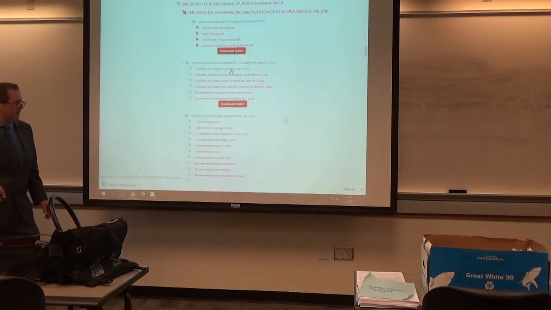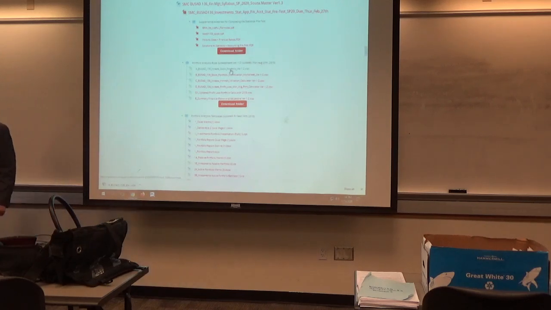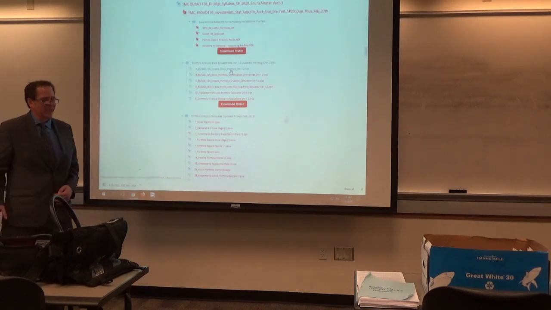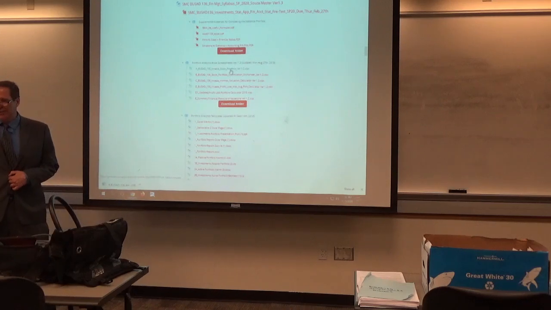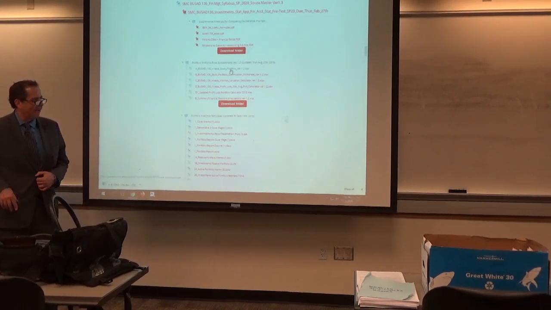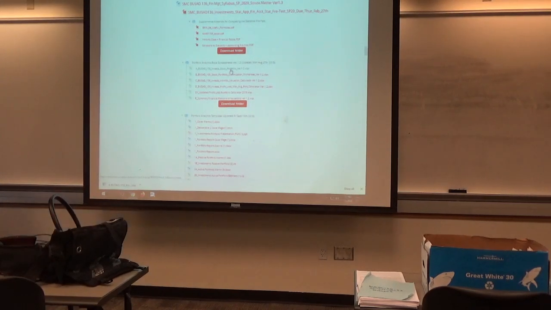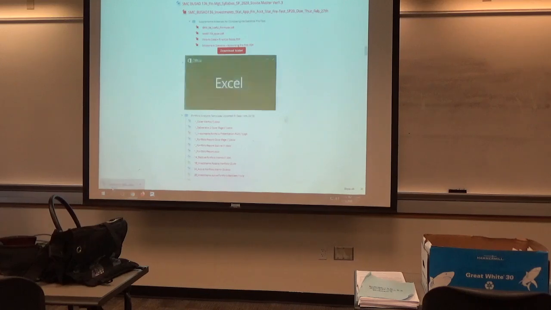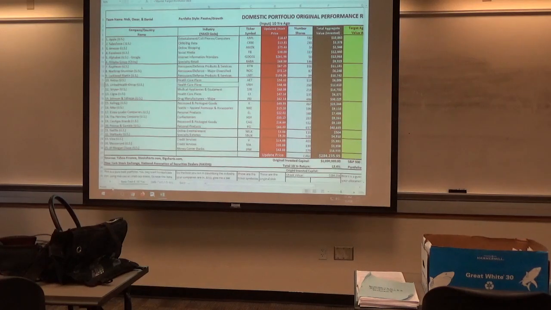Albert, how far along are you? We have all of our stocks, we have all of our weights. We just need to enter in stock prices and assets. Okay. Once you get it all in, then show it to me so I can check it. Albert, what's your portfolio style?